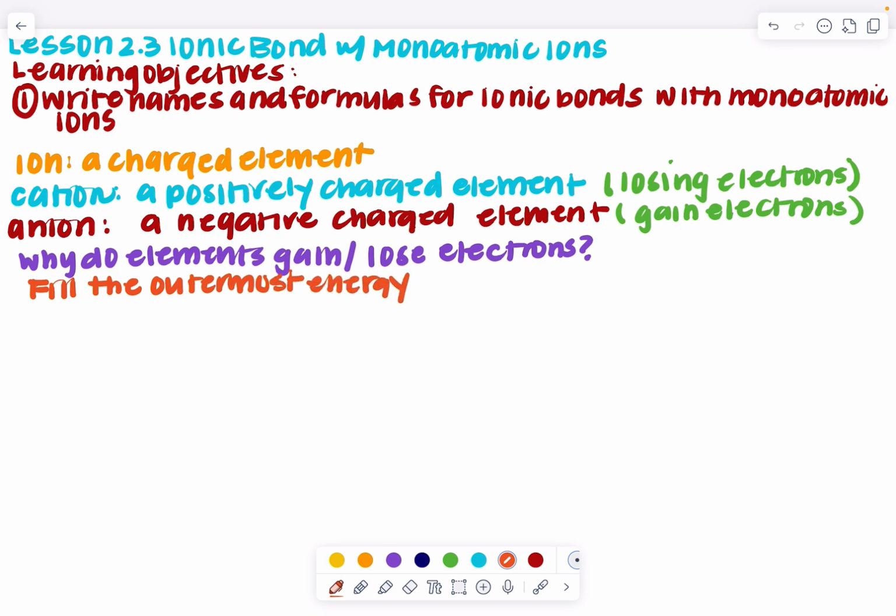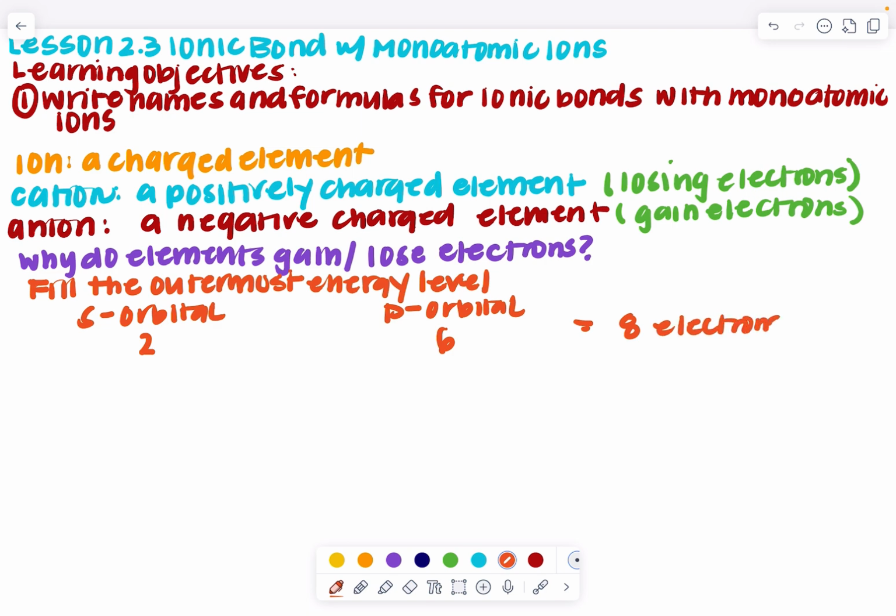By fill, we mean we want the s orbital to have 2 electrons, and we want the p orbital to have 6 electrons. That together equals 8. We learned last time that all electrons want 8 electrons. It's the octet rule.